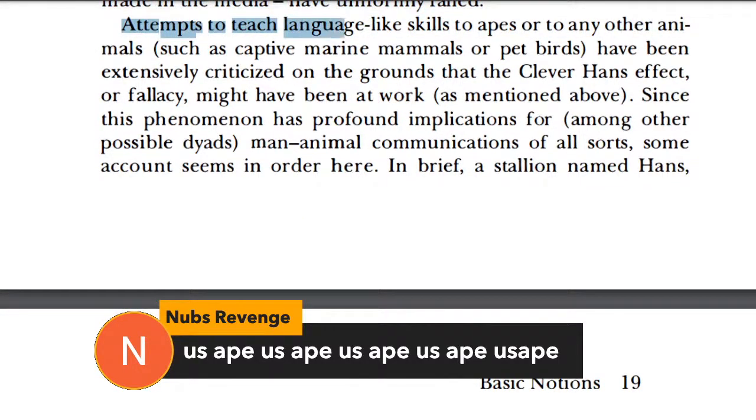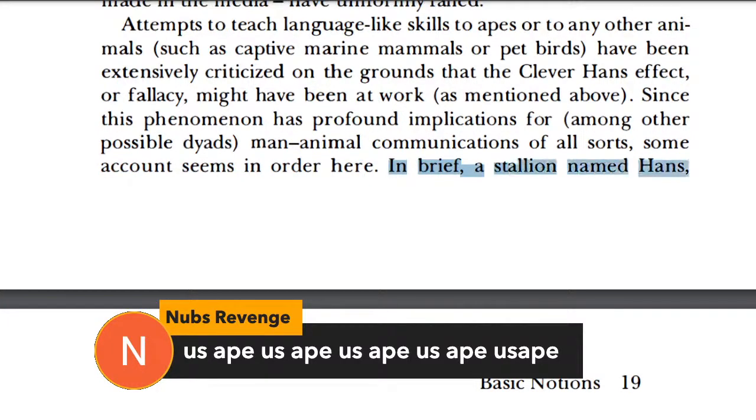Attempts to teach language-like skills to apes or to any other animals, such as captive marine mammals or pet birds, have been extensively criticized on the grounds that the Clever Hans effect or fallacy might have been at work, as mentioned above. Since this phenomenon has profound implications for, among other possible dyads, man-animal communications of all sorts, some account seems in order here.